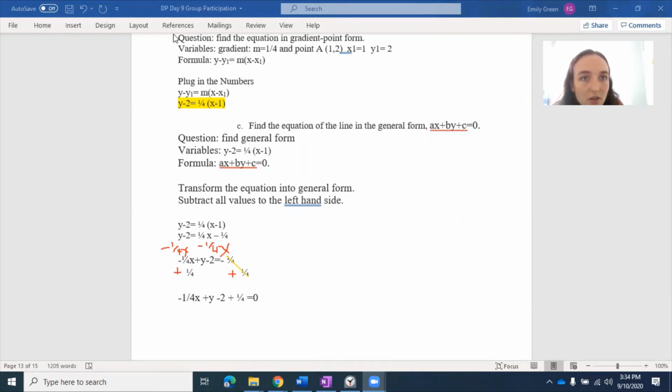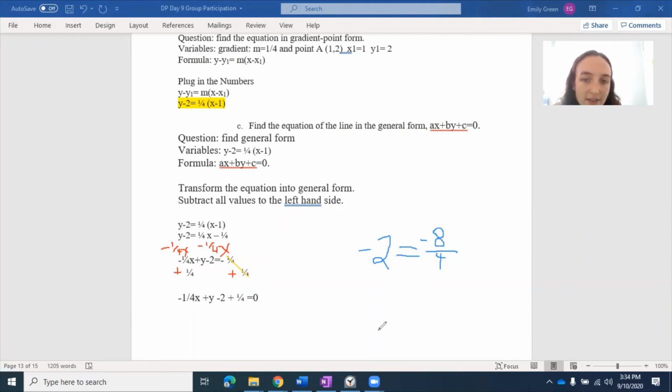So -2 is the same as some number over 4. That means we're going to multiply 2 times 4. -2 equals -8/4.